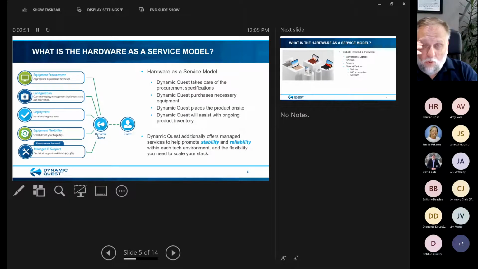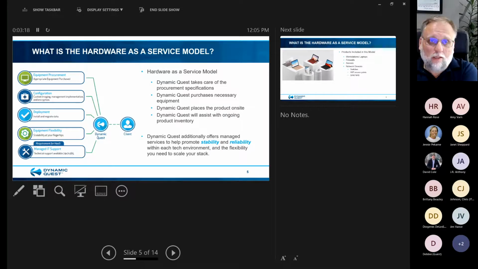This is probably the most important slide that we're going to cover today, and that's what the hardware as a service model is, specifically. This is where it adds value compared to traditional leasing. The MSP that you work with is going to help you appropriately design, configure, and procure the hardware that you need, what fits best for your model.